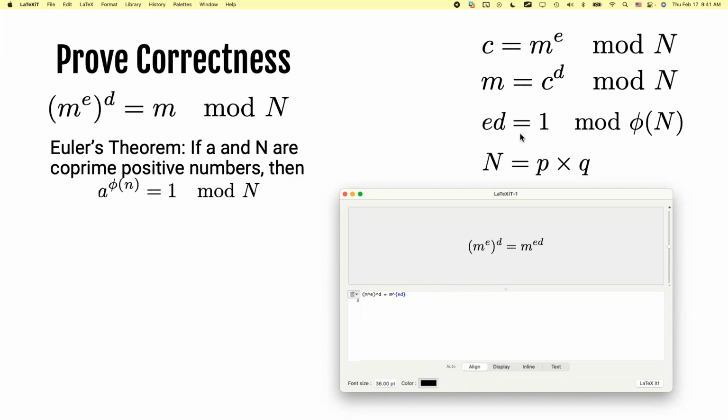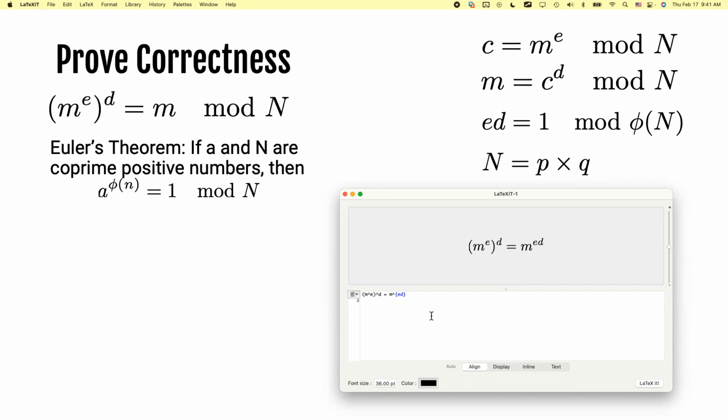Then we have this equation. We know that the multiplication of e and d is equal to 1 mod phi of n. It means that if we divide ed by phi of n, we get the remainder 1, and of course a quotient.